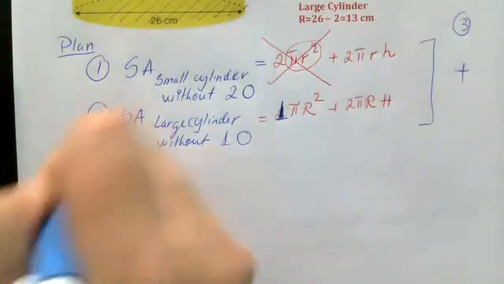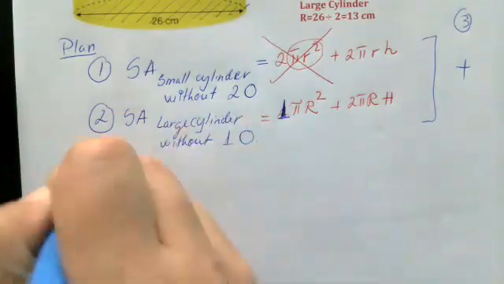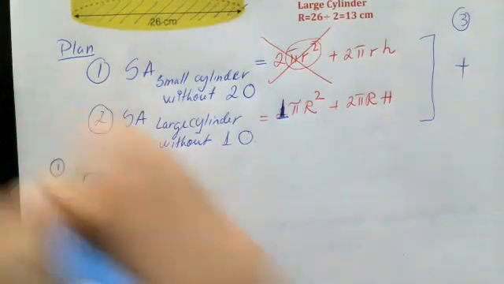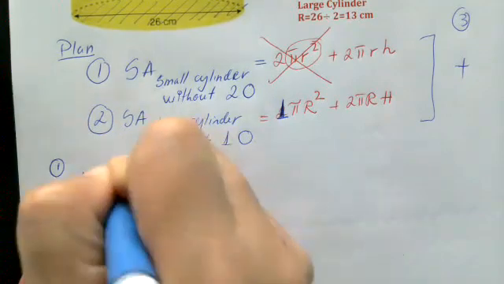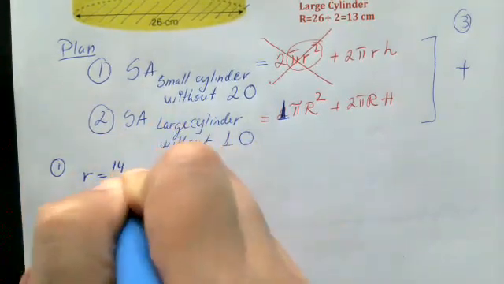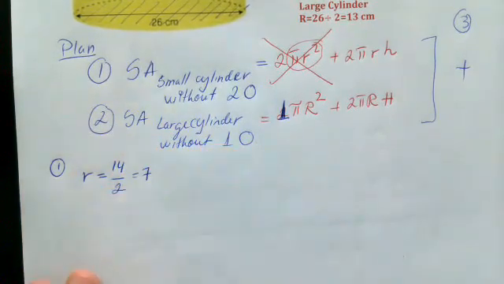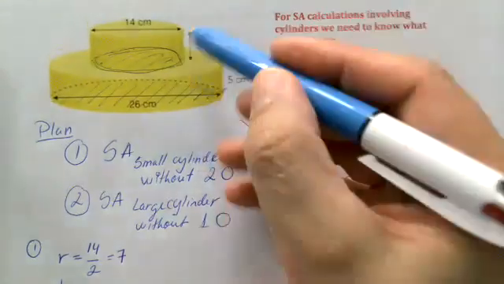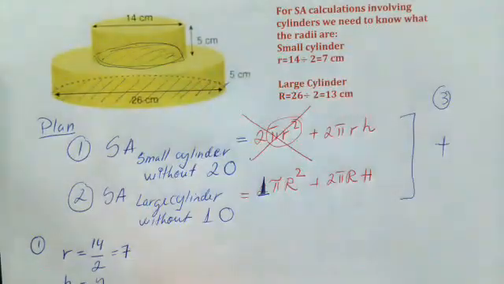So let's apply. The little r is what? 14 is the diameter, divided by 2, 7. What's the h? 5.